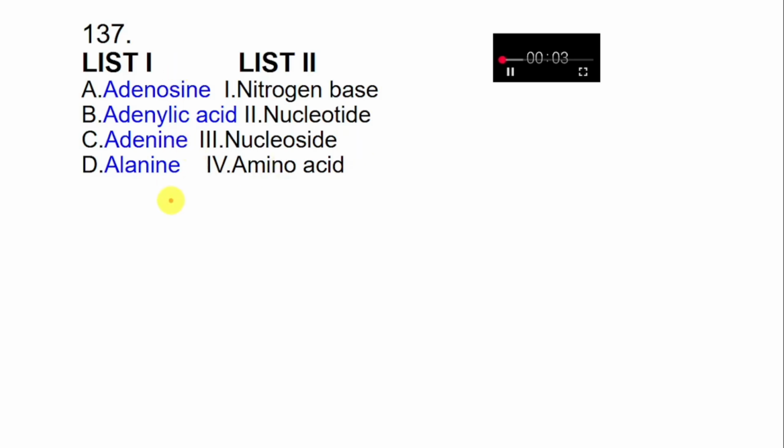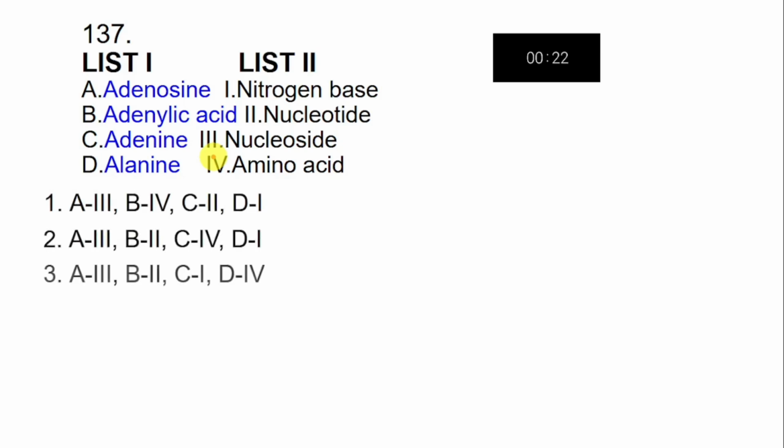Next one. Okay, match question. The full form of ATP is adenosine triphosphate. Adenosine indicates the nucleoside. When phosphate is not attached, it is called nucleoside. So A is 3, which is in options 1, 2, 3.